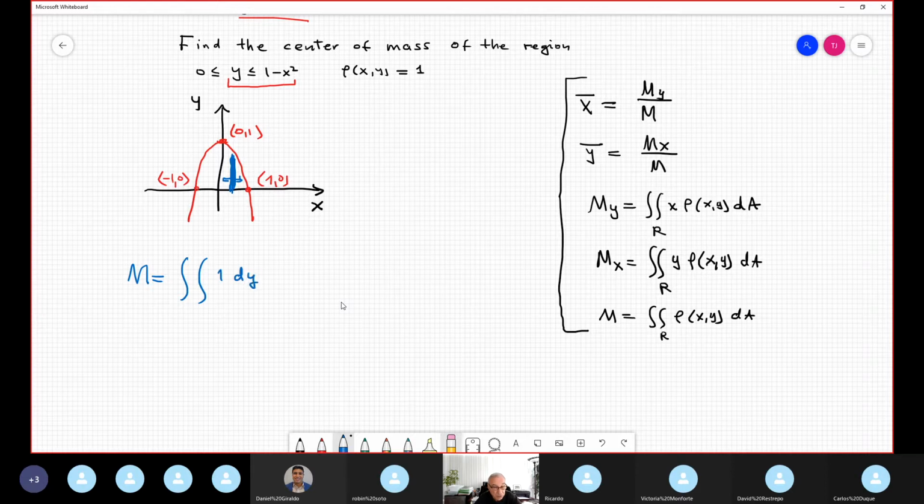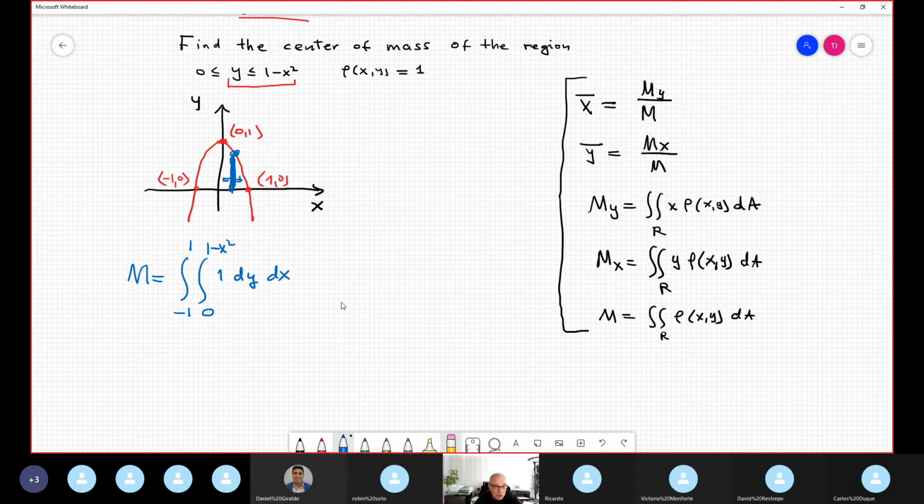You integrate dy first because I select this order. I prefer this order. Sometimes it's impossible in this order, but I prefer it, I don't know why, my brain finds it easier to see. So I go from 0 to the y of the parabola, which is 1 minus x squared, and you extend in both sides from -1 to 1. You can do that like that.